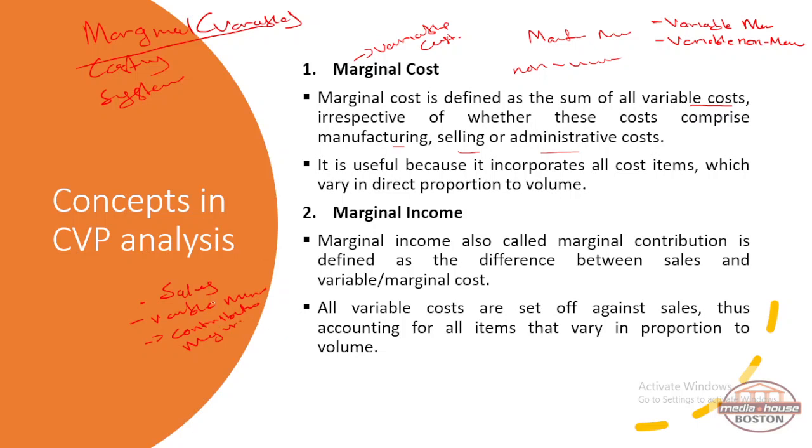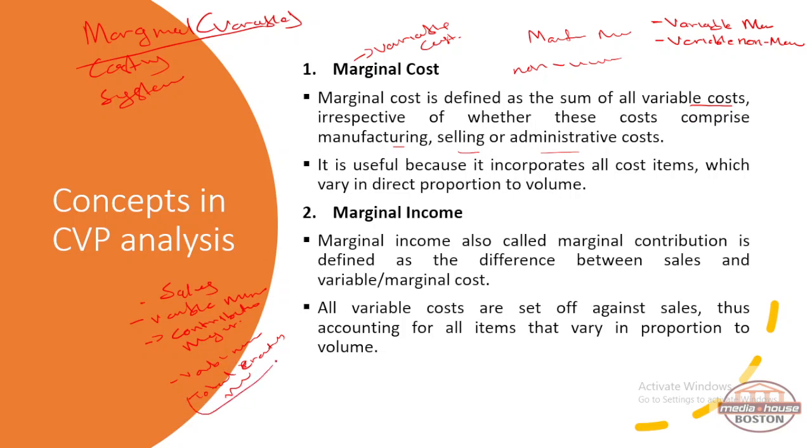Contribution margin is your sales less variable cost. Once you take sales less variable non-manufacturing again, you're going to have your total contribution margin. So this is just the contribution margin before the other variable non-manufacturing costs.